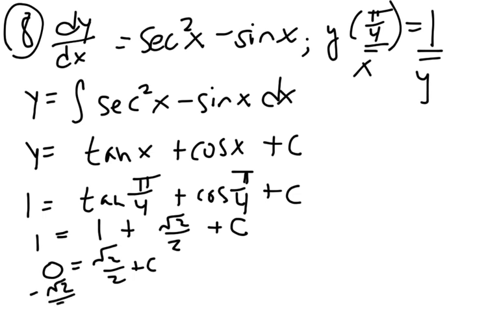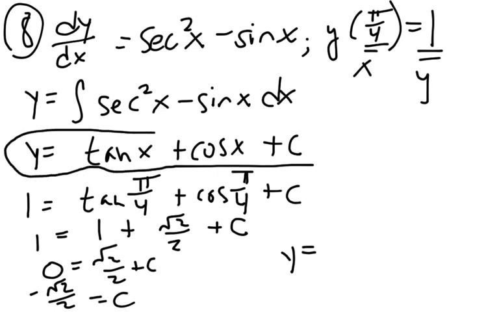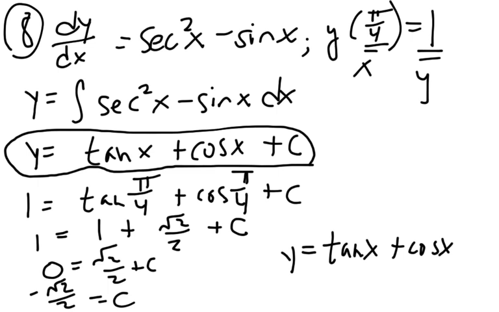Negative square root of 2 over 2 equals c. So the answer would be y equals, I'm going to take this and just plug in my c. Y equals tangent x plus cosine x minus square root of 2 over 2.